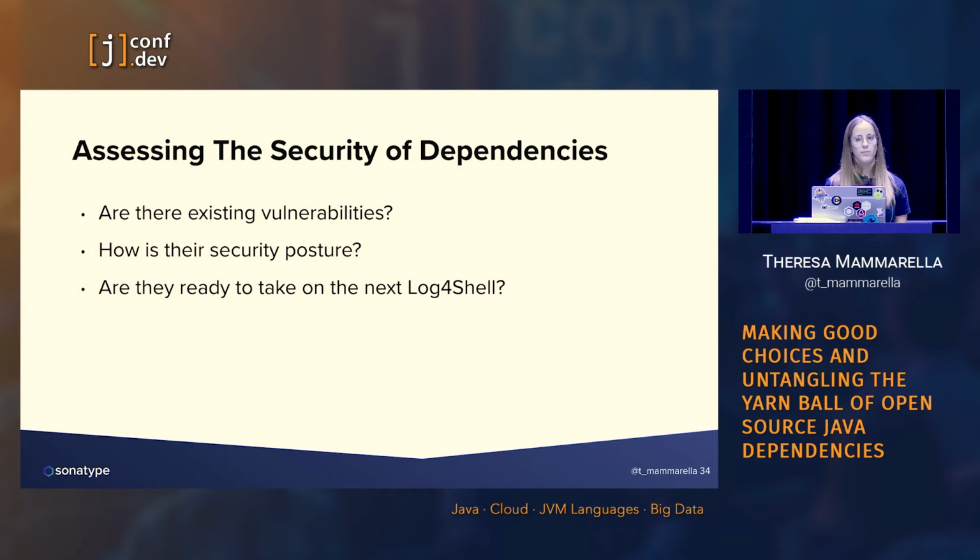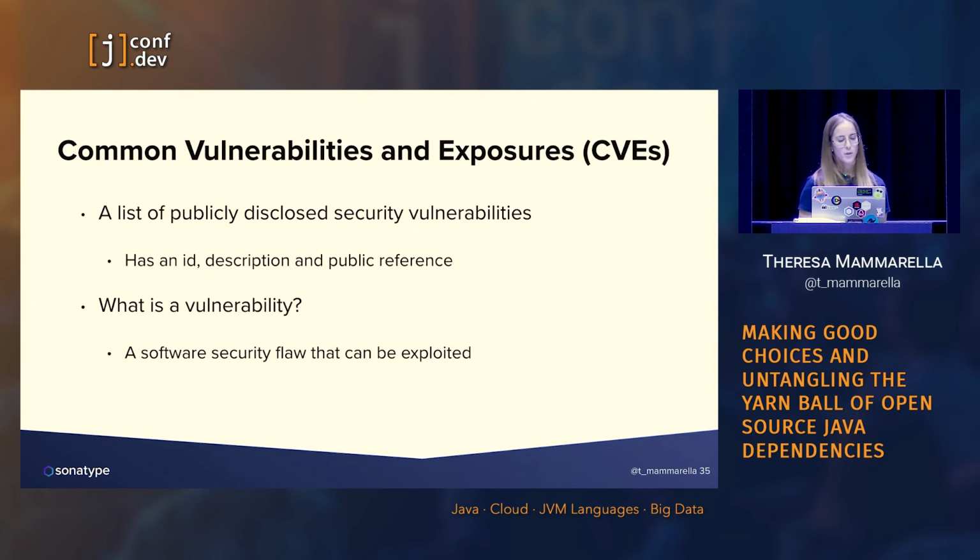So again, the SCA tools, the scanning tools, do a lot of this work, but I wanted to do a little bit of a deep dive into how they're doing it and what they're looking at. So of course, the first thing you may or may not have heard of is CVEs, which is Common Vulnerabilities and Exposures.